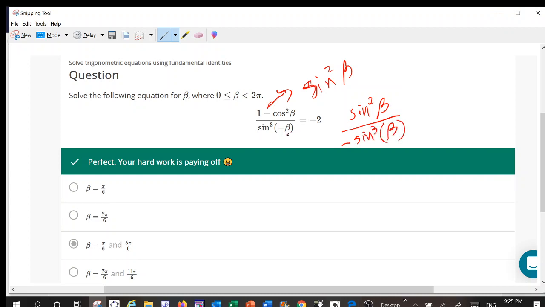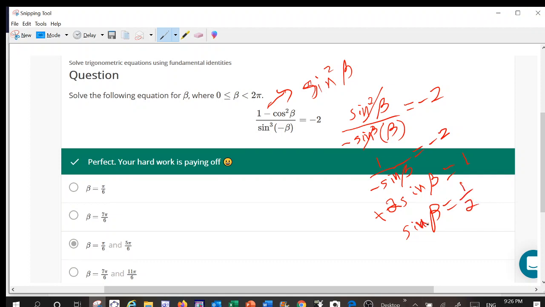Remember, sine of negative beta is the same as negative sine beta, and it equals negative 2. So this cancels 2 of these, so 1 over negative sine beta equals negative 2. If you cross multiply, positive 2 sine beta equals 1. So sine beta equals 1/2.